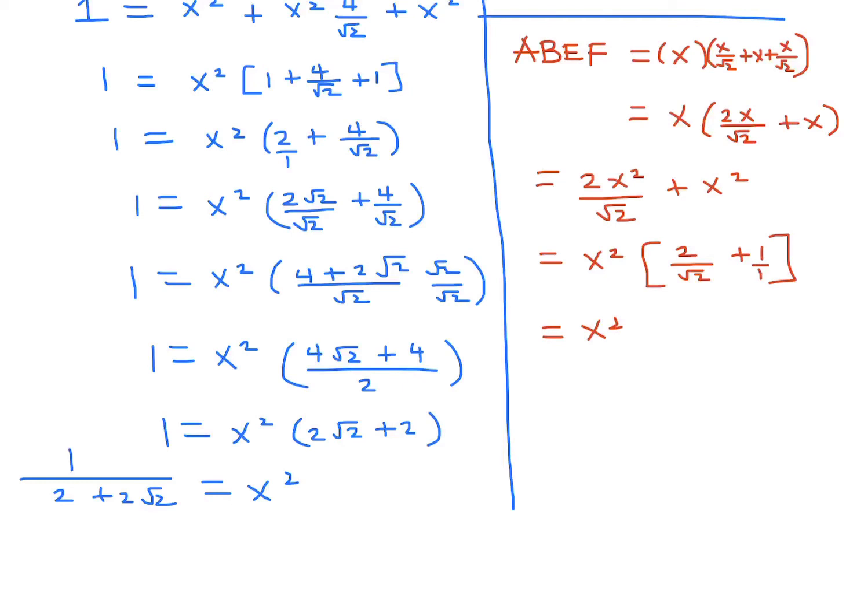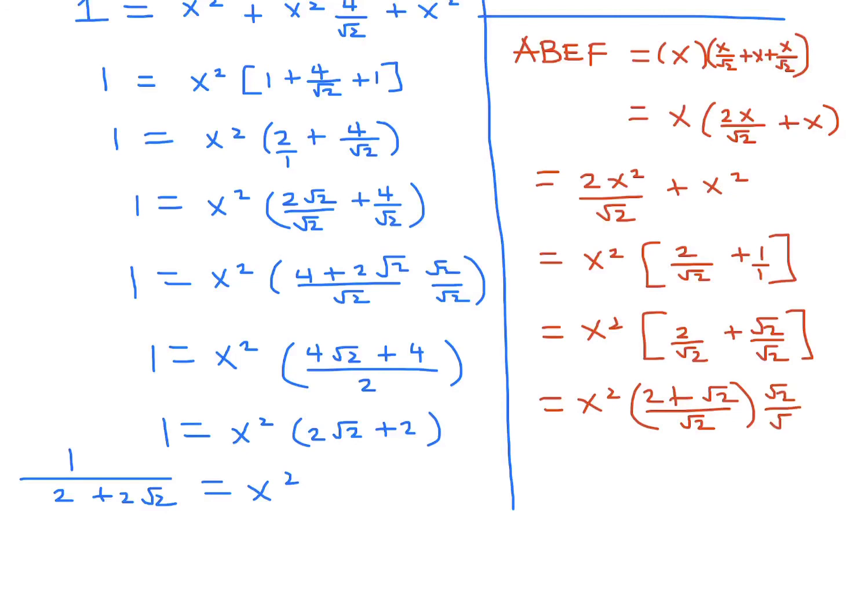I think we can add those. 2 over root 2 plus root 2 over root 2, common denominator. So we got 2 plus root 2 over root 2. Multiply top and bottom by root 2 to rationalize the denominator, and you'll get 2 root 2 plus 2 all over 2. And finally, this gives you root 2 plus 1.